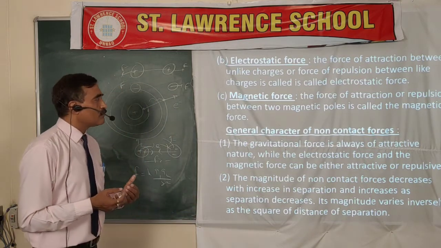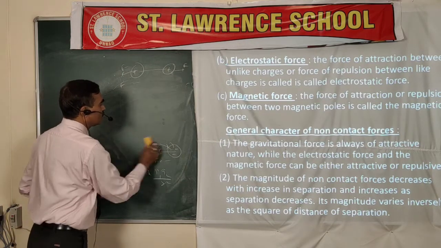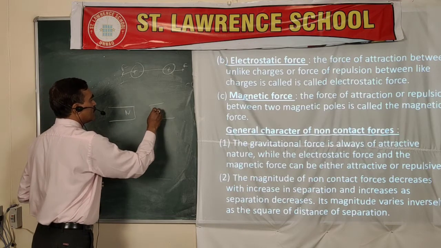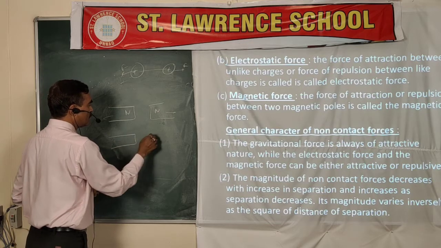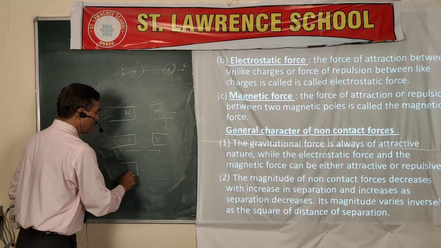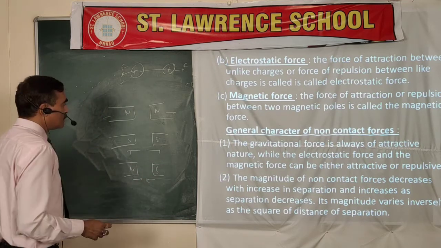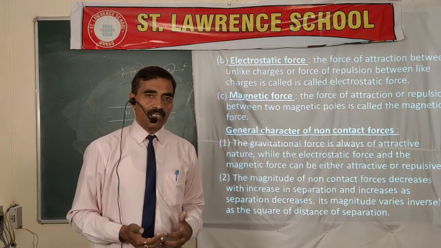As with the charges, if the poles are the same, suppose north is here and north is here, they will repel. Similarly, when south is here and south is here, again they repel, and when north is here and south is here, they attract. So like poles repel, but unlike poles attract each other.